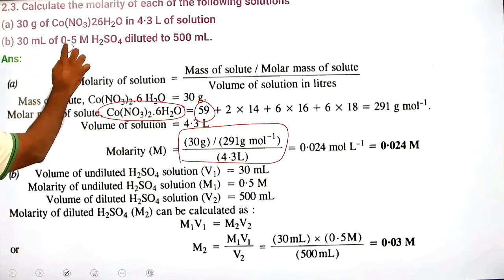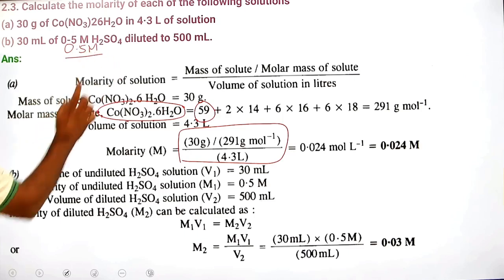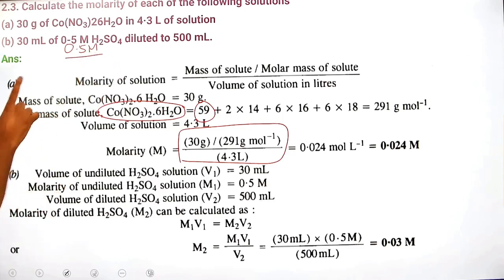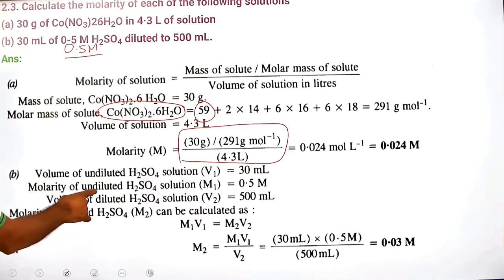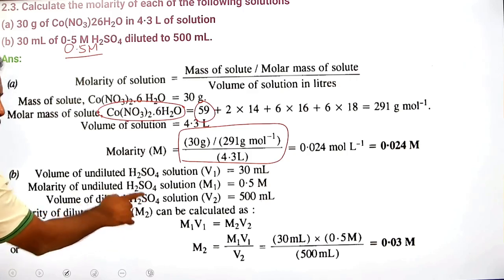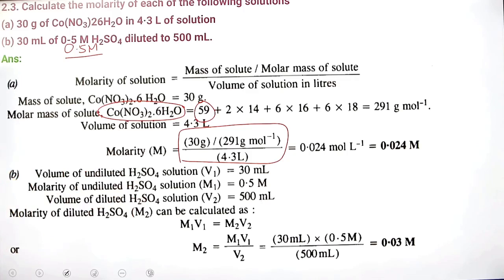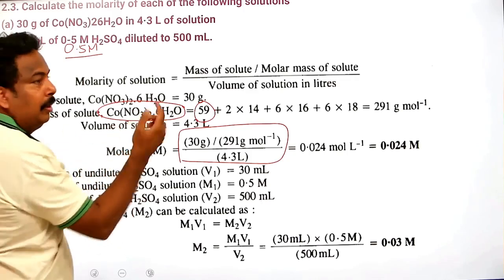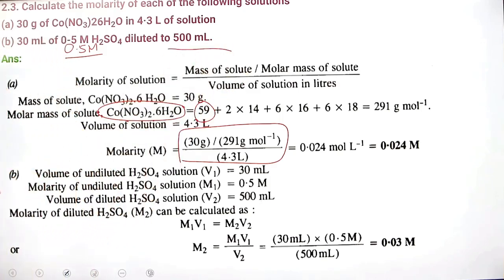This is 0.5 M sulfuric acid, and molarity of undiluted is 0.5 M, M1. Volume of diluted is 500 ml. And molarity of diluted, I don't know.